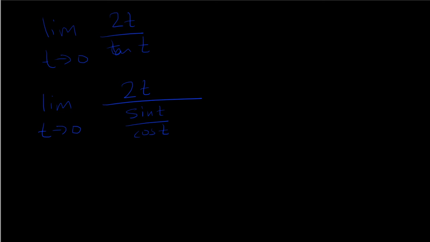And since I'm dividing by sine over cosine, that's the same thing as multiplying by cosine over sine. So really, what happens is this cosine comes out in front, right? Because if you divide by sine over cosine, that's the same thing as just flipping it.